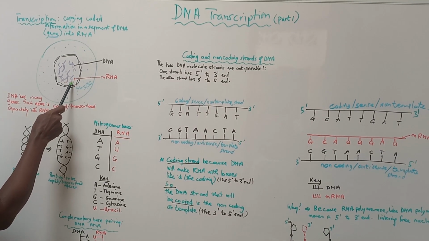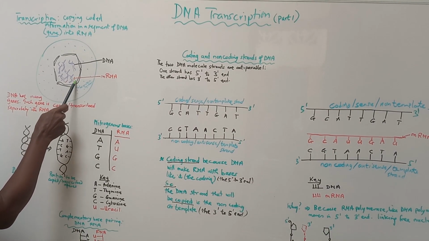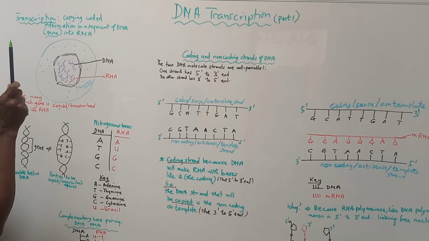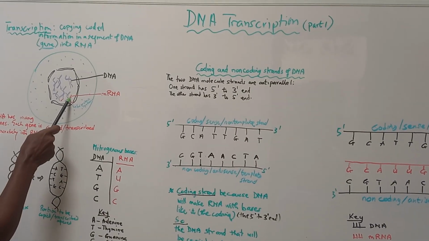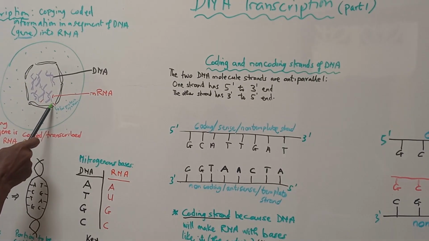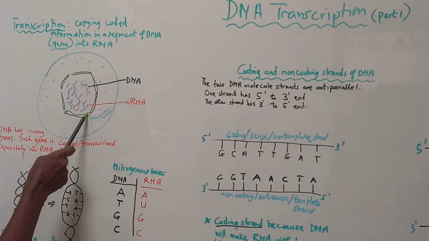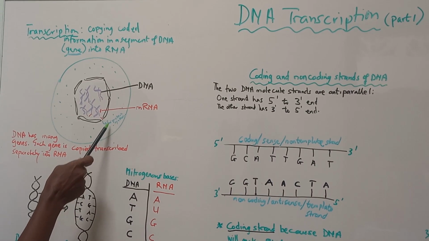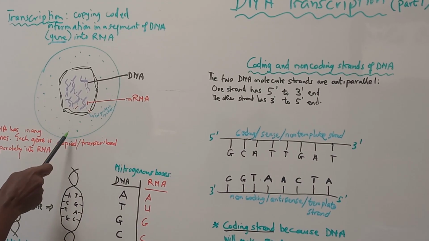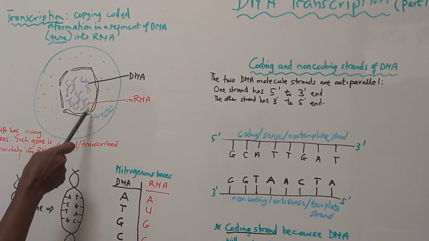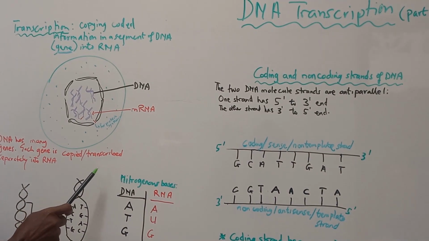The RNA carries the coded information for one gene to make one protein, and the RNA is small enough to move out of the nucleus into the cytoplasm for protein to be synthesized. So copying the coded information from DNA into RNA is the transcription.